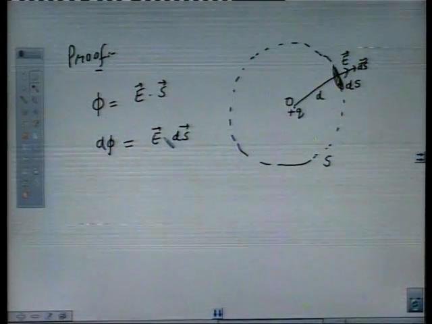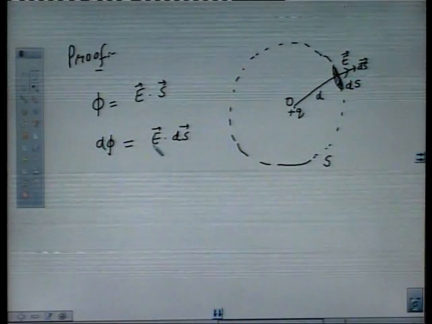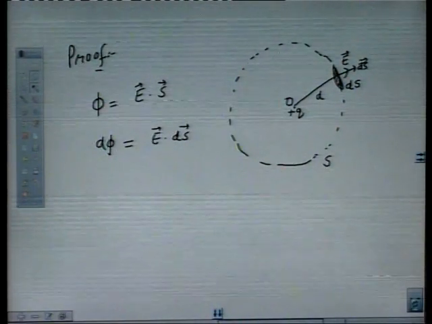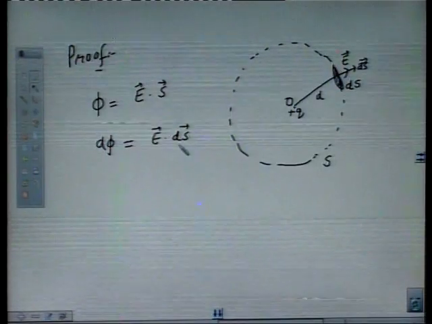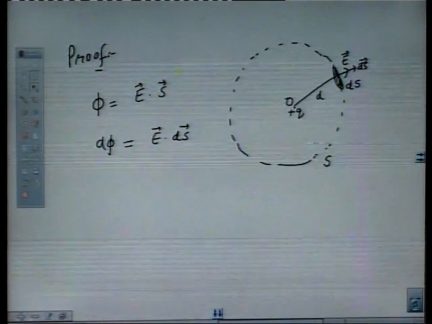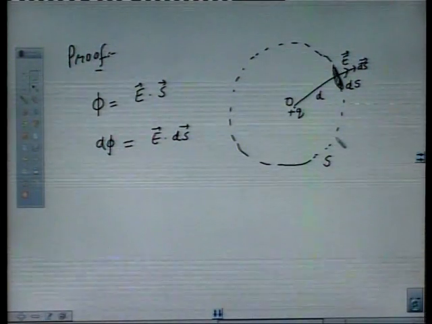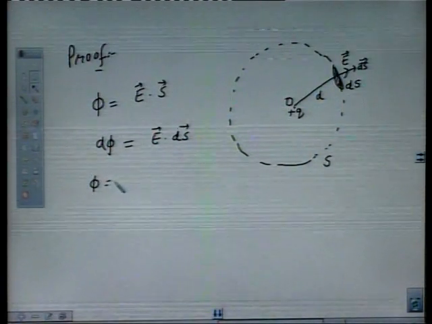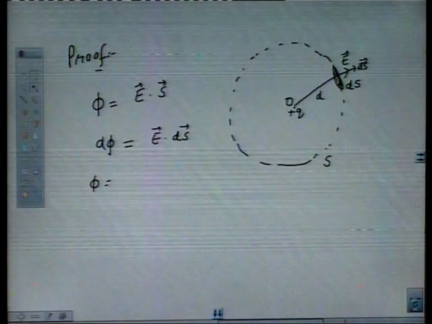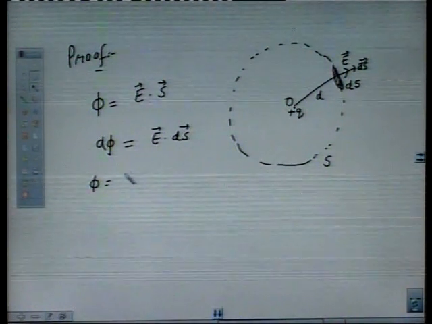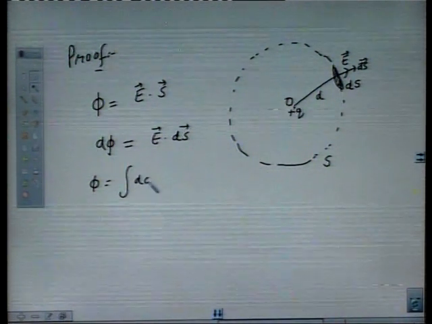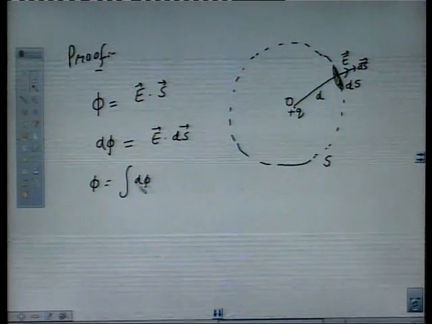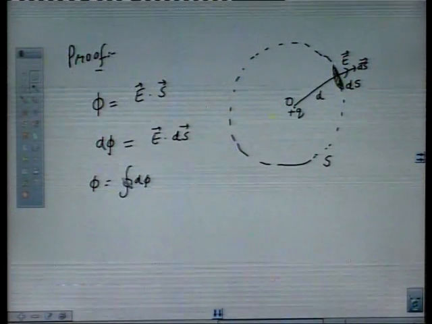This is the dot product of electrical field originating from the charge q and ds vector. So, if we have to find the total electrical flux phi originating from the charge q through the total surface S, we will integrate the small electrical flux d phi over the closed surface S.